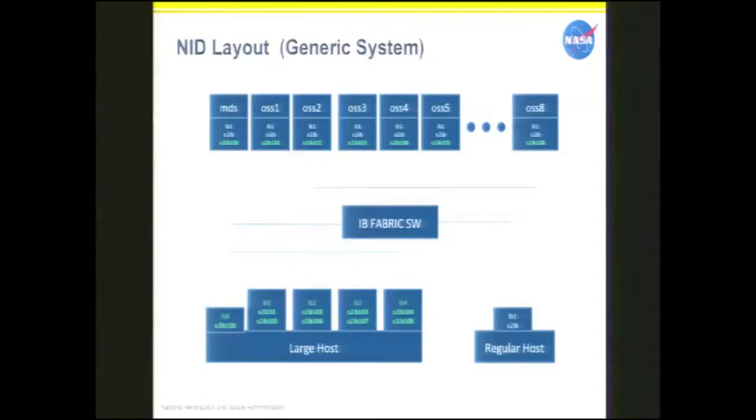The NIDs in white would be how you would configure it on a single rail IB system. The stuff in aqua is an example of how you would do NID placement. You basically take the NIDs from each of the OSSs and MDS, and you have some leeway in how you want to assign them per interface on the large host.